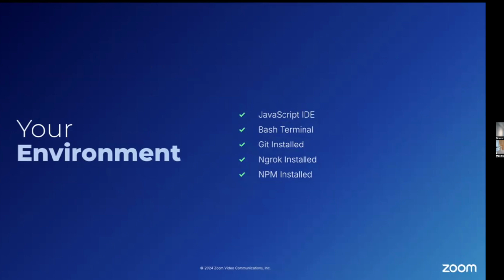You also want a Bash terminal really to follow along. If you're on Windows, you should be able to access the Windows Subsystem for Linux to get a Bash terminal, and otherwise you should have a Bash-like terminal on macOS or Linux or something like that. So I should have that built in. Also make sure you have Git, ngrok, and npm installed.